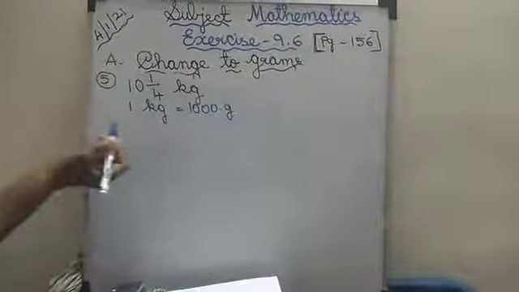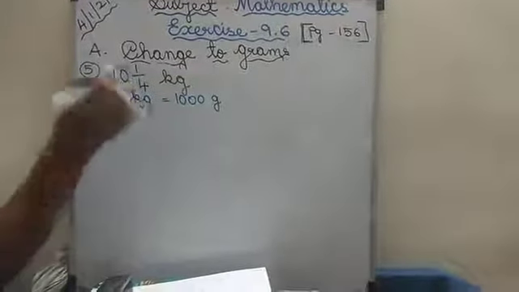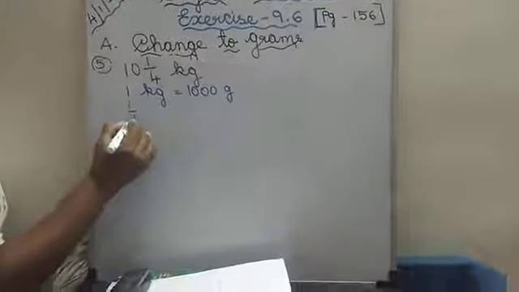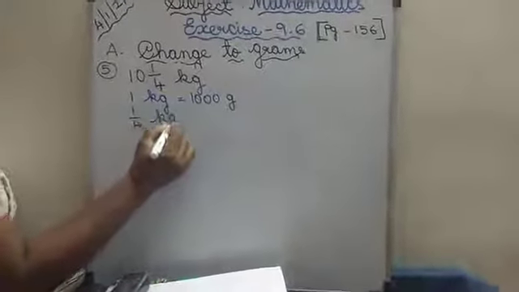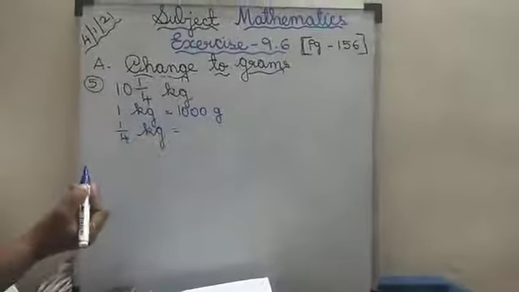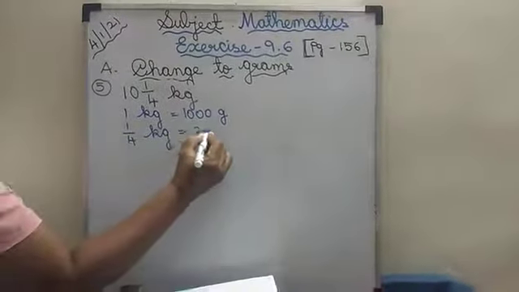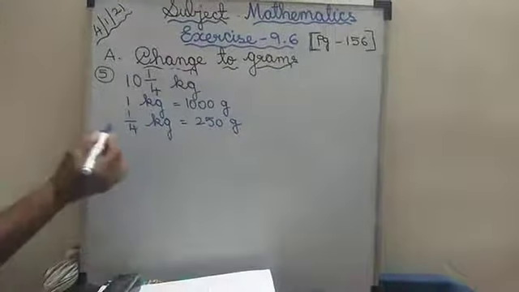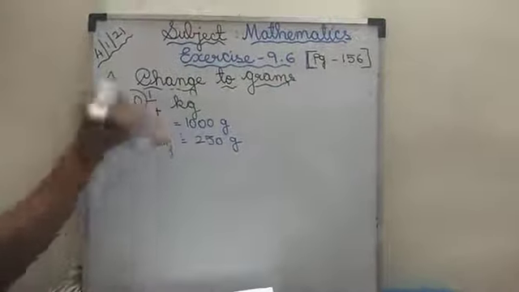For each sum you need not do it. The first sum we saw 1/2 kg. Now we are seeing 1/4 kg. Can you remember, children? 1/4 means what? 250 gram. So first we have to find for this 10.